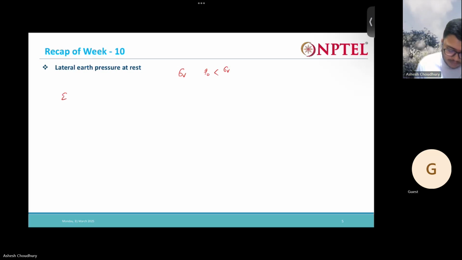Now my horizontal strain I can write as 1 by E times the horizontal stress minus mu, that is the Poisson's ratio, times sigma V plus sigma H, from Hooke's law. Now, as I said, my horizontal strain is 0.